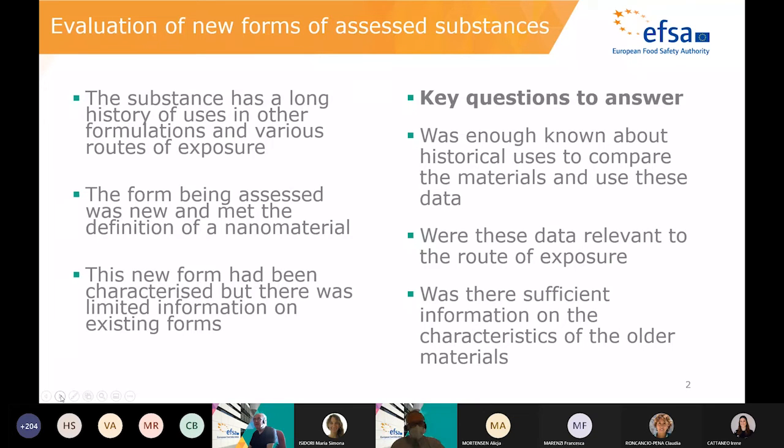Where the data came from use in another route of exposure, was there anything that said we could use this route to be relevant for the oral route? And finally, what information was there on the older materials?